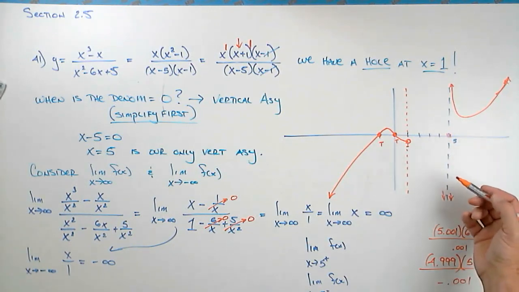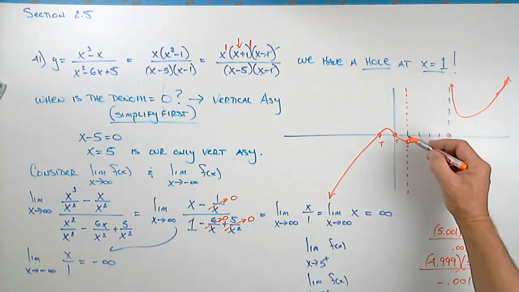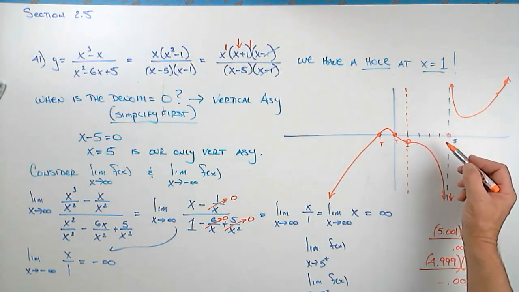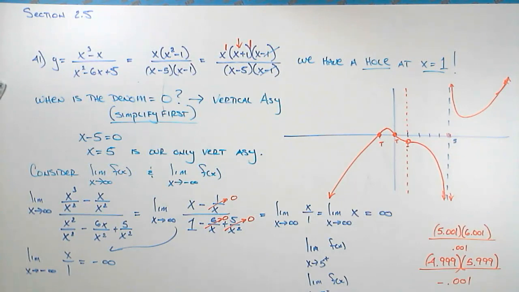But we already knew that. Look where our hole is. It has to go down because if it decided to go up, it would have to cross the x-axis, i.e., it would need another root. We don't have another. There's our graph.